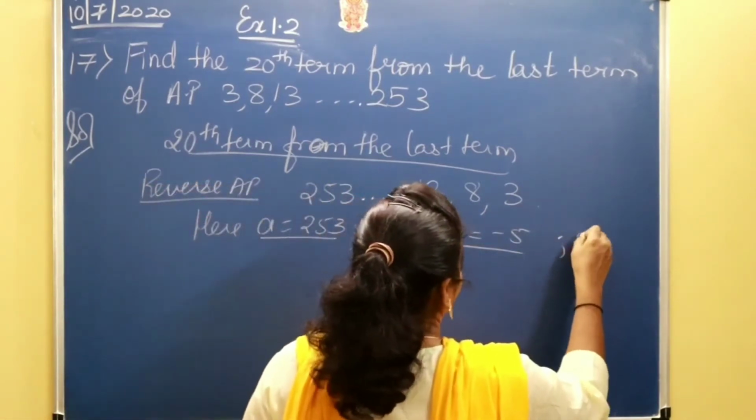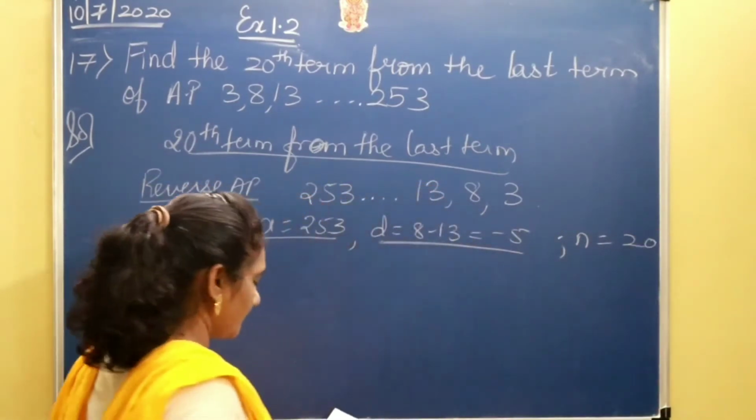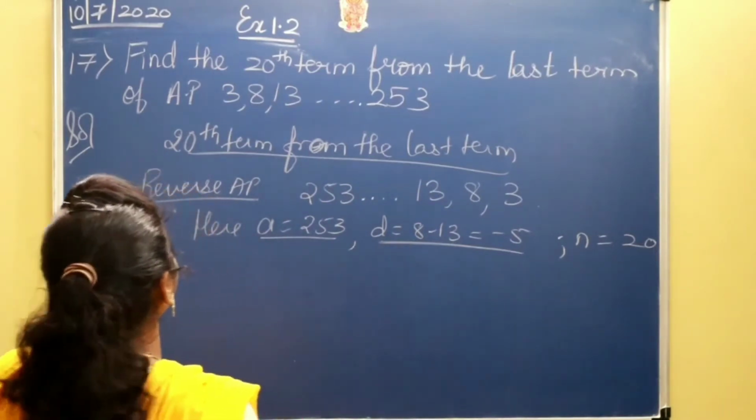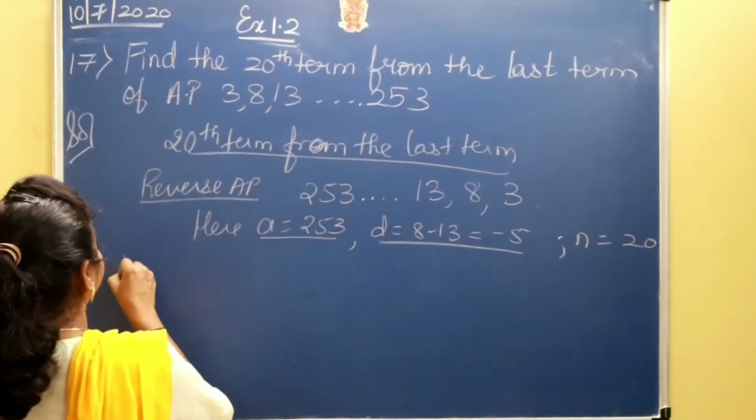20th term means your n is equal to 20. Find a20.